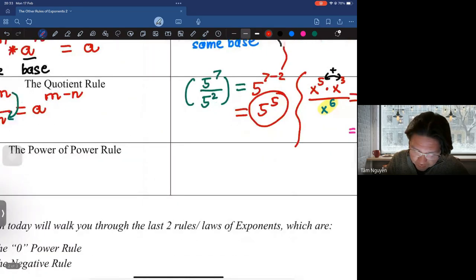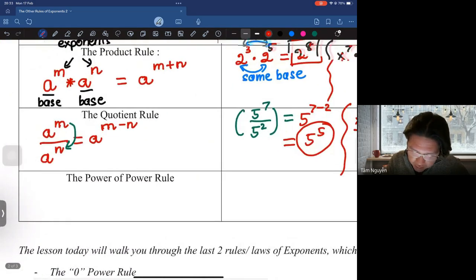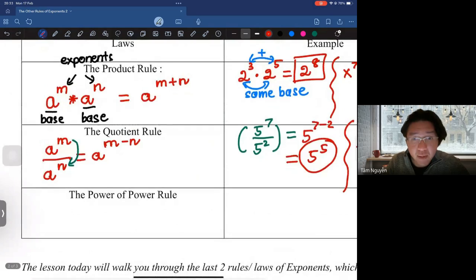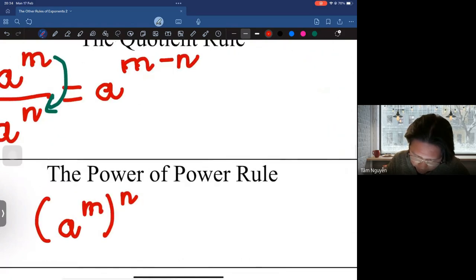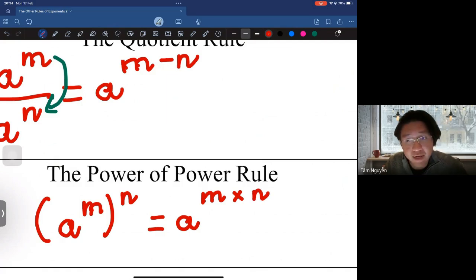All right. The last rule we learned last week was the power rule. What did it say? If you have one power inside the parentheses and another power outside of the parentheses, you're going to multiply the exponents together, right?